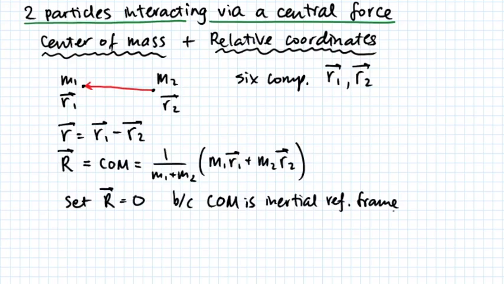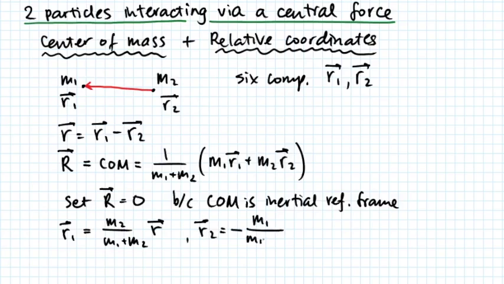From R equals 0 we can find the small r, and we get r1 is equal to m2 over m1 plus m2 small r, and r2 is equal to minus m1 over m1 plus m2 small r.